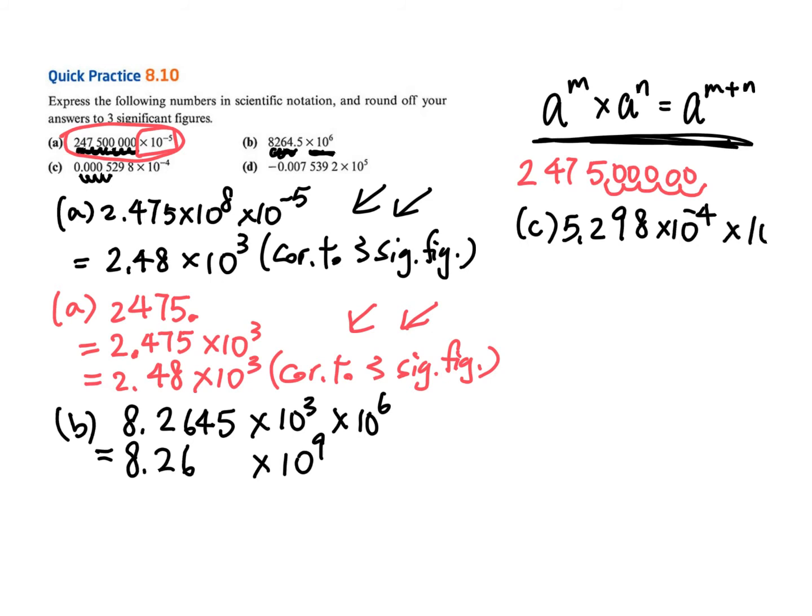And then times 10 to the power 4 again. So here would be very easy: -4 plus -4. So the final answer here would be 10 to the power -8. And then for this one, once again, you have to round off to 3 sig fig.